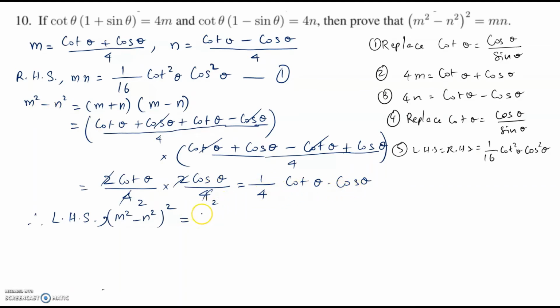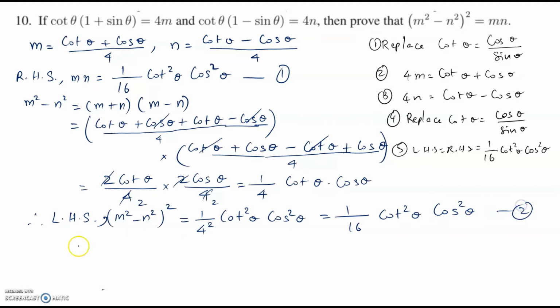So this will be 1 by 4 squared into cot squared theta cos squared theta, which is equal to 1 by 16 cot squared theta cos squared theta. So, this is 2. From 1 and 2, our LHS is equal to RHS, hence proved.